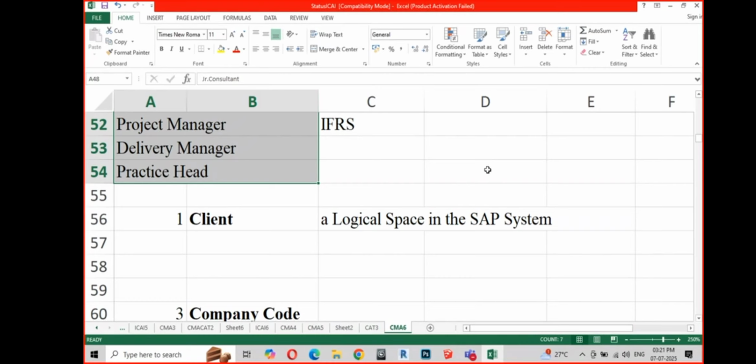So suppose I want to check on one of the SAP systems. How does SAP know that I'm checking for A Limited? I'm getting into B, I'm getting into C, I'm getting into D Limited, I'm getting into A Limited, I'm getting into the SAP system for C Limited. How does the system identify? It is through the client information that I provide.